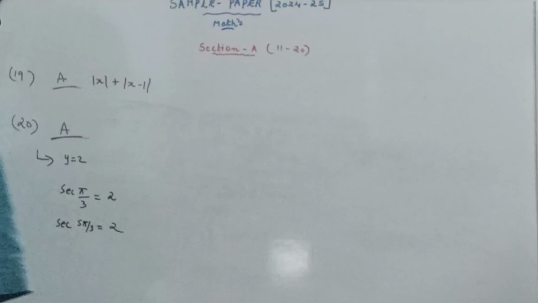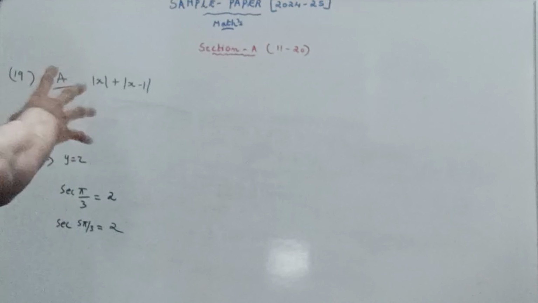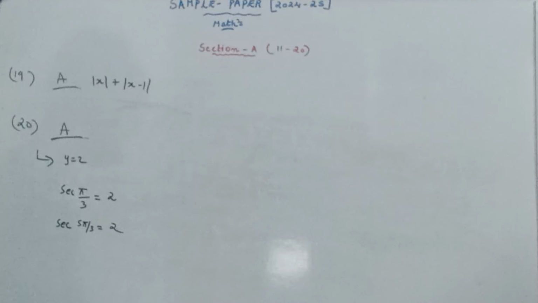Otherwise also, if you draw the graph of these two functions, there are more than 2 points where they are meeting, so definitely they cannot be differentiable. And the reason they have given: how will we check whether the function is differentiable? We find the left hand derivative and we find the right hand derivative.